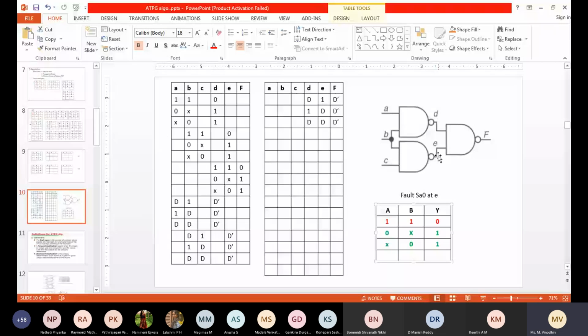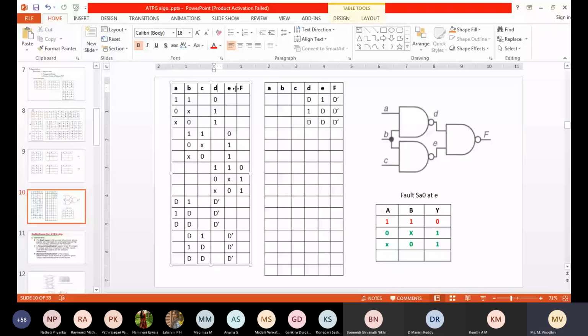Next, D, E, F. In this column, I am filling in the singular cover of this NAND gate D, E, F. So first I always fill the singular cover for all the gates with respect to their input and output variables in the corresponding columns. The singular cover is now done.